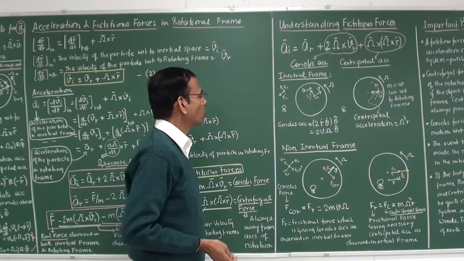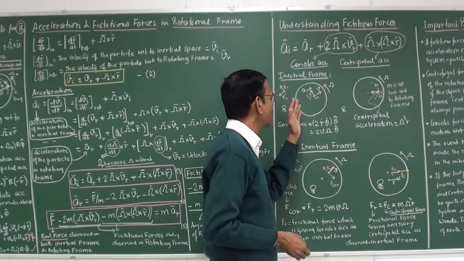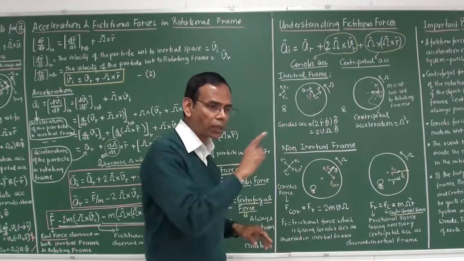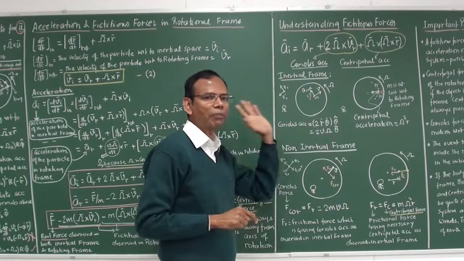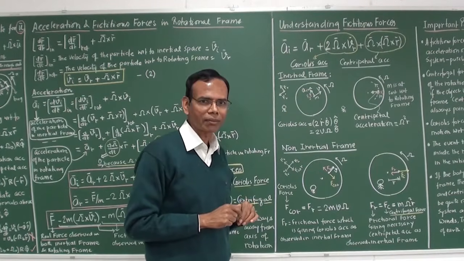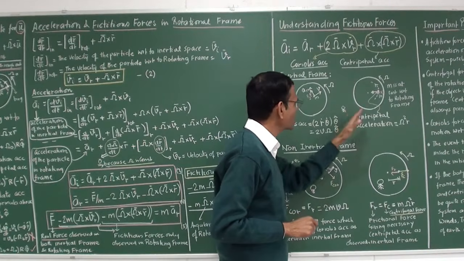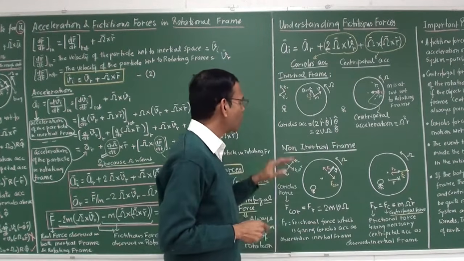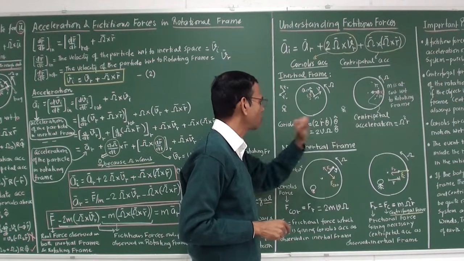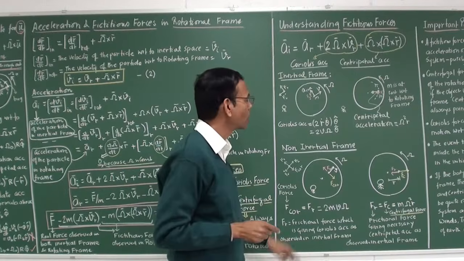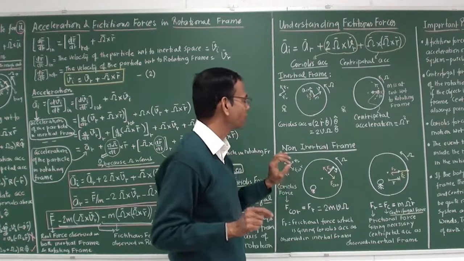Furthermore, what we also observe is that both these accelerations arise because of the rotation of the frame. If the frame is not rotating, then nothing will happen; these accelerations are not there. Since we are observing the Coriolis acceleration and the centripetal acceleration from the inertial frame, in both places we see a real force from the inertial frame.